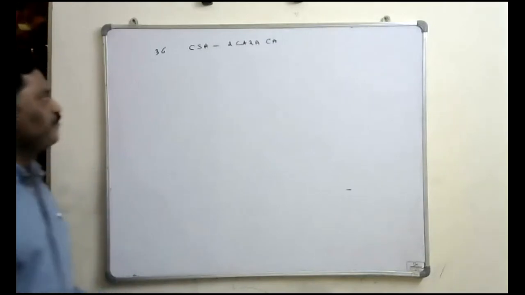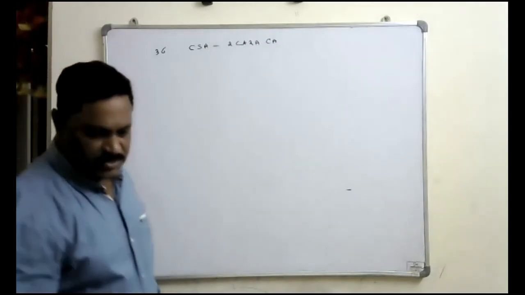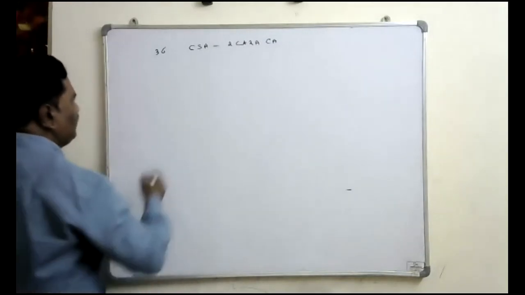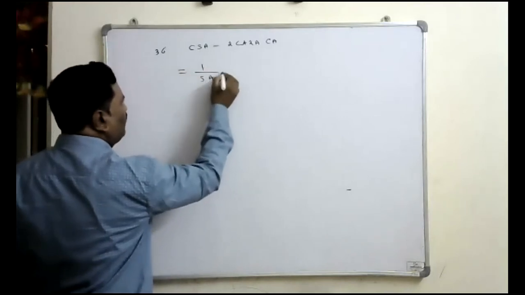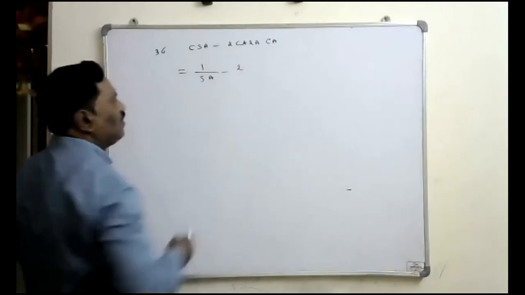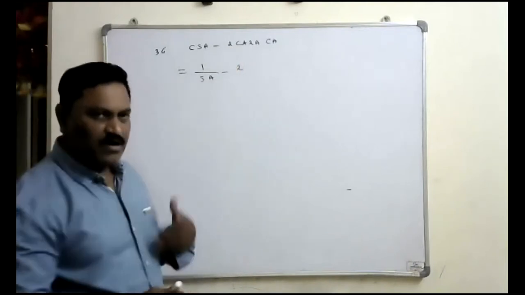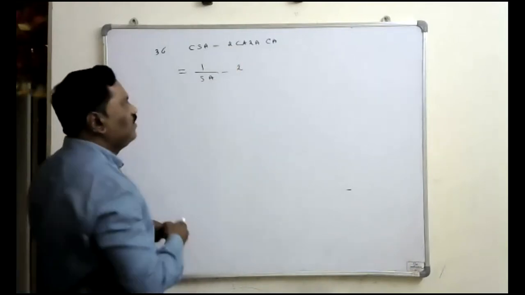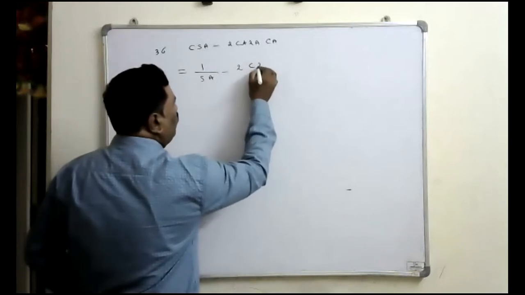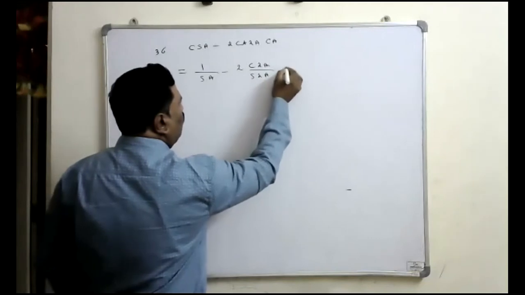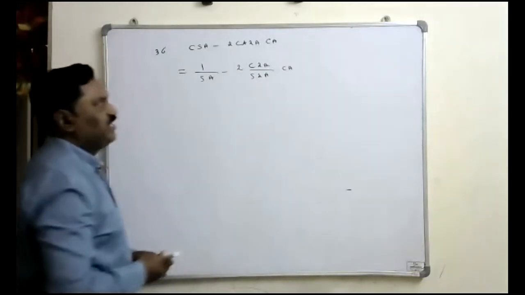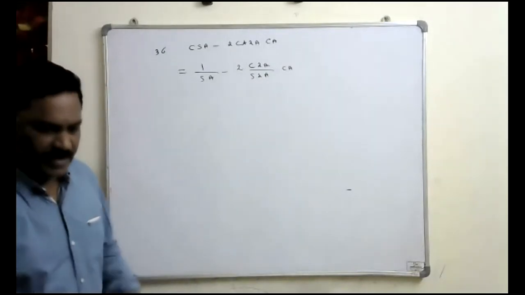To simplify this, the cosecant A we can write as 1 by sin A, minus 2 times cot 2A. Cot means you can write cos by sin, so this is cos 2A by sin 2A into cos A. Like that you can convert them in terms of sin and cos.